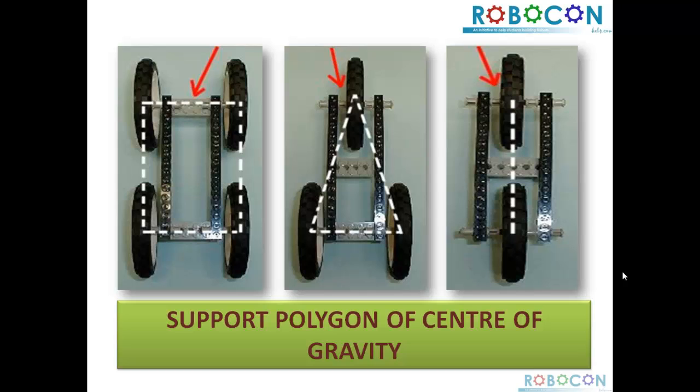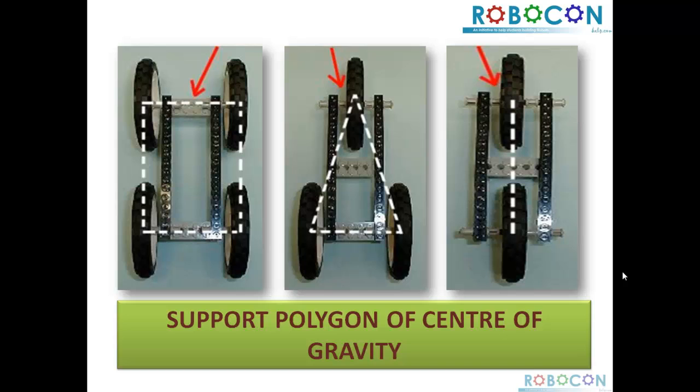Suppose there are four wheels in a robot, so the four wheels make four contact points on the ground. If you draw an imaginary line through all these contact points, you end up finding a polygon within which the center of gravity of the robot must lie such that it is capable to perform the task with ease.